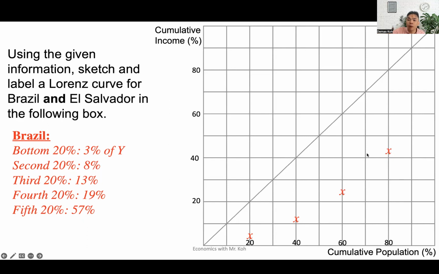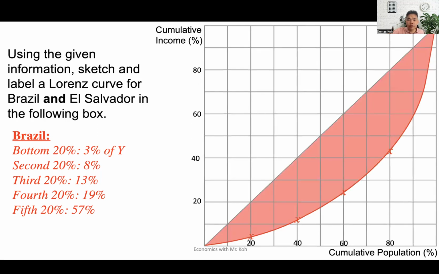So the entire population. So as you can see, we would be able to draw the Lorenz curve for Brazil using, well, it's a sketch. It's not going to be 100% accurate, but it's going to look something like that, right?